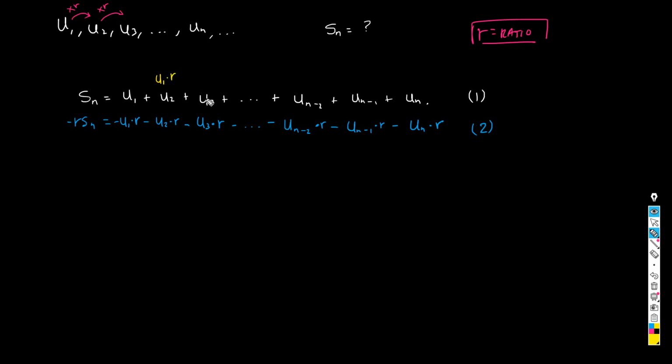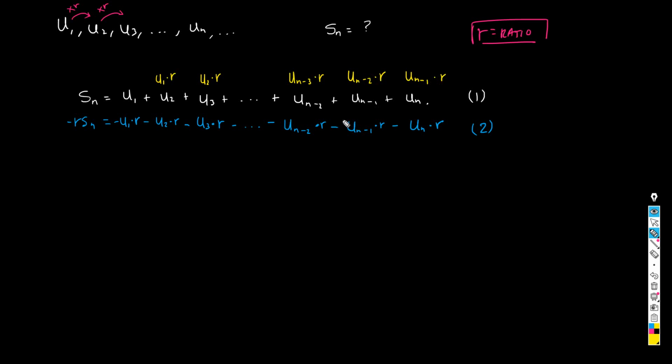Now, U3, by definition, is U2 times R. This one, by definition, is UN minus 3 times R. This one is UN minus 2 times R. And this last one is UN minus 1 times R.